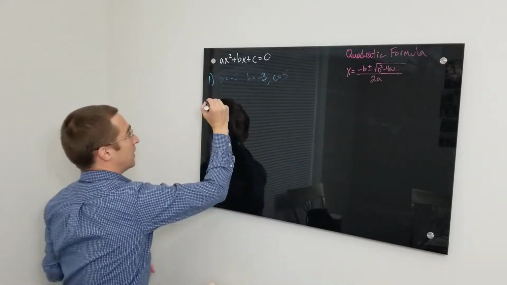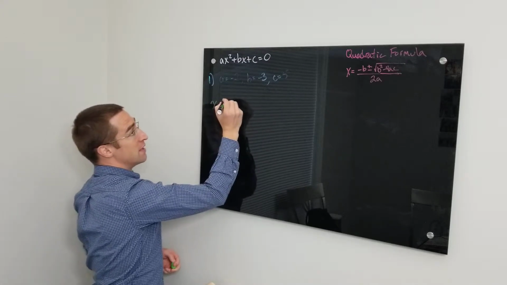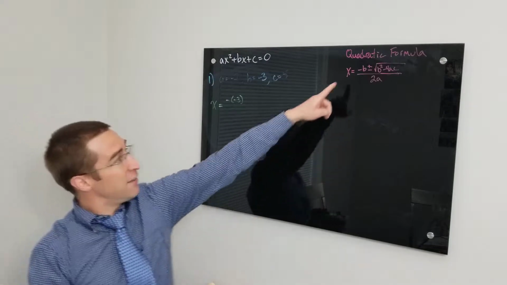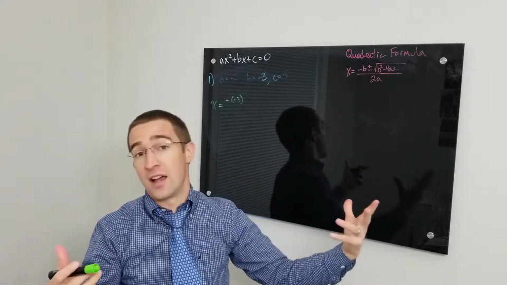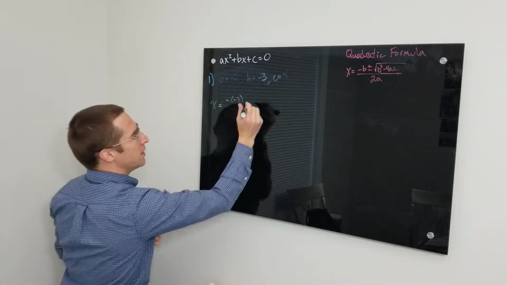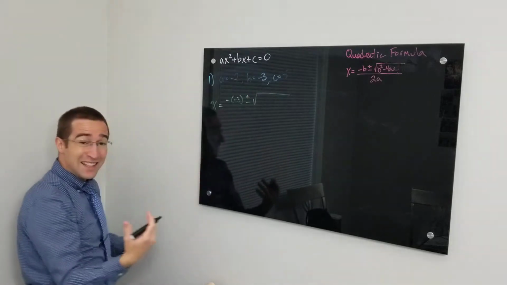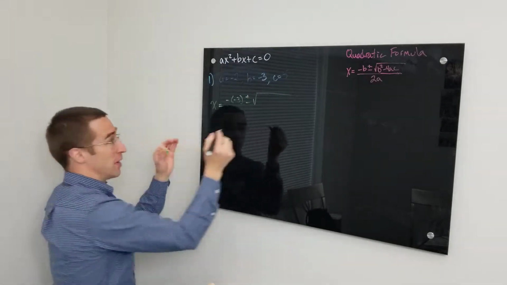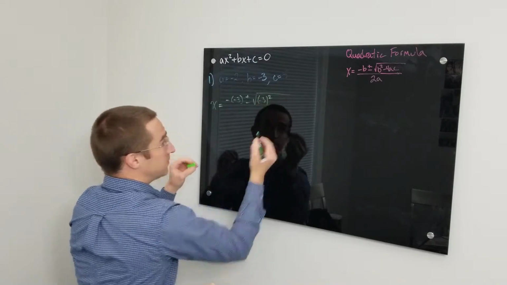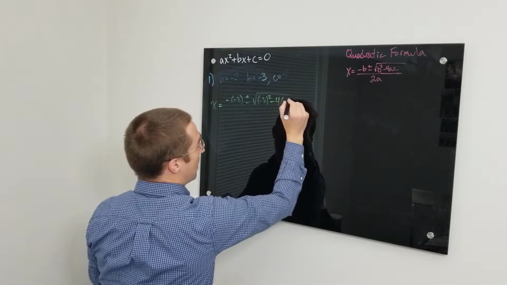So here we get x equals negative b. So it's negative 3. And you can think of this negative b as the opposite. Switch the sign on that. So negative 3 would just be positive 3, plus or minus the square root. And basically, anytime we're replacing this, we're going to put parentheses around it. So it's going to be parenthesis negative 3 squared minus 4 parenthesis.